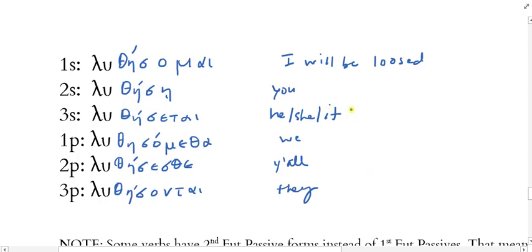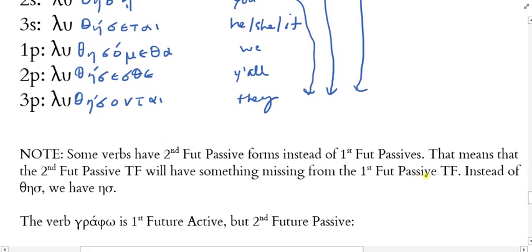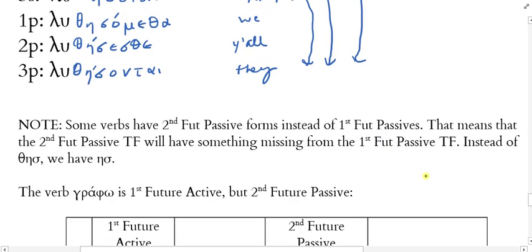Okay? So all these are translated the same way except for the subject. All right. Good.